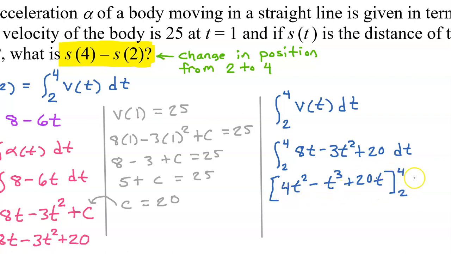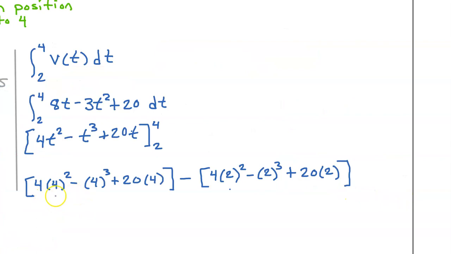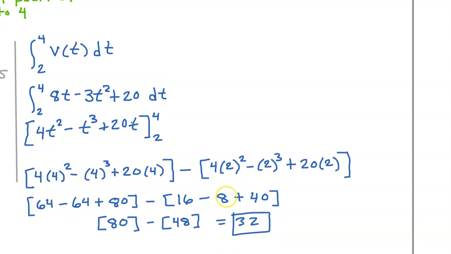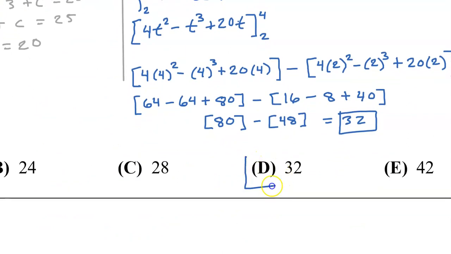So we will find the value at 4 and then subtract the value at 2. So far we have this, which simplifies down to this, which simplifies to this, which equals 32. So the answer is D.